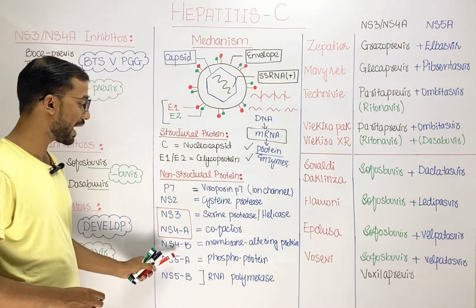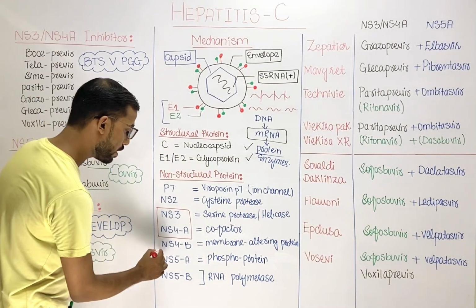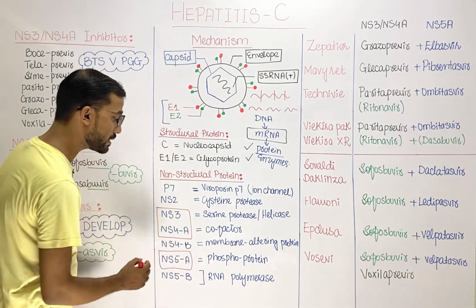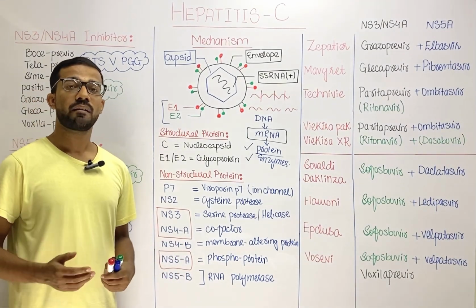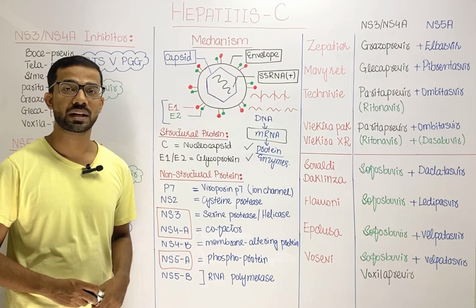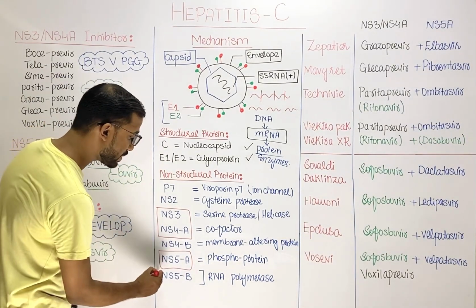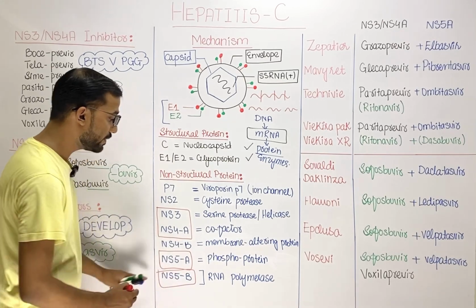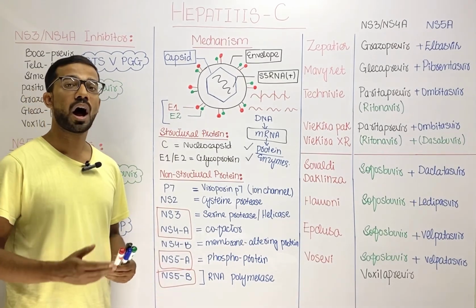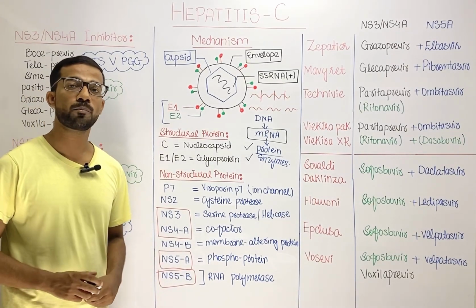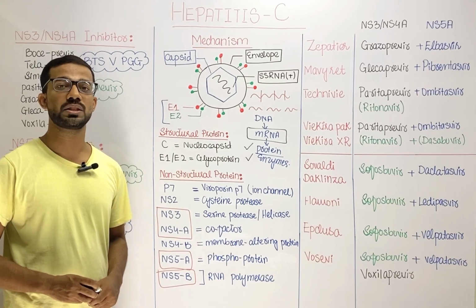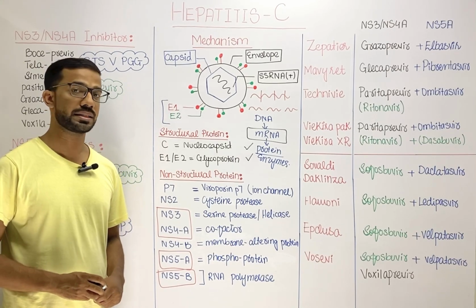Next is NS5A, a phosphoprotein that helps in RNA replication in the hepatitis C virus. And last is NS5B. NS5B is an RNA polymerase, which will ultimately synthesize the RNA in the hepatitis C virus.